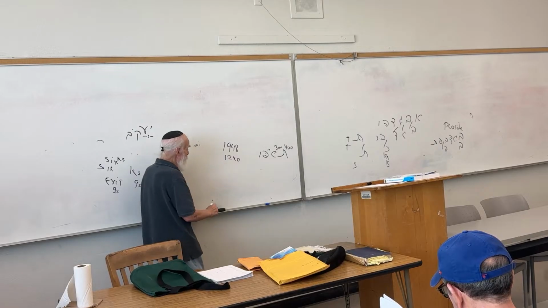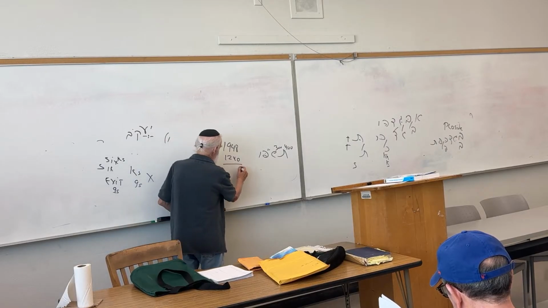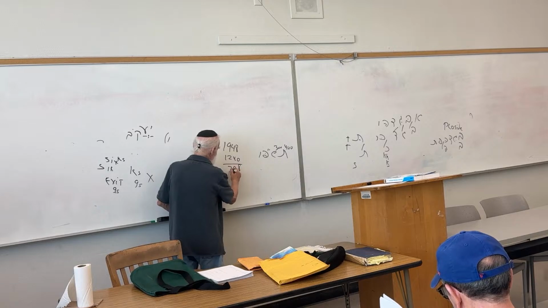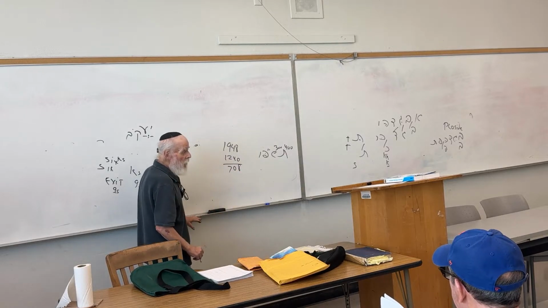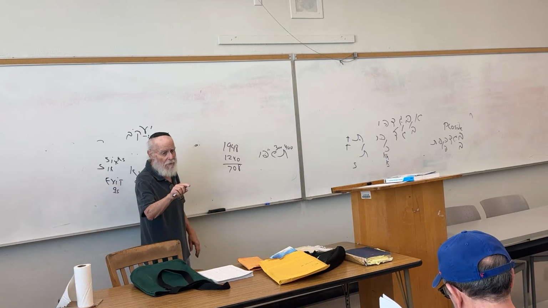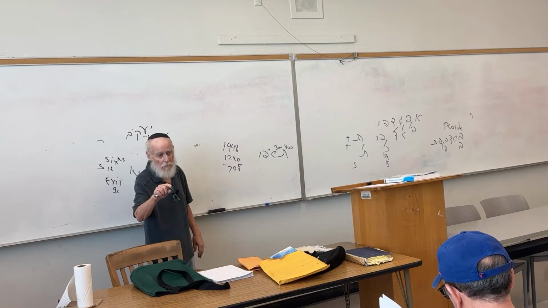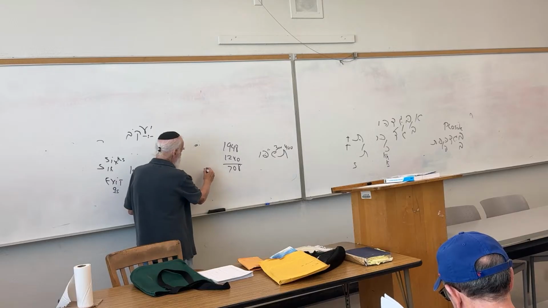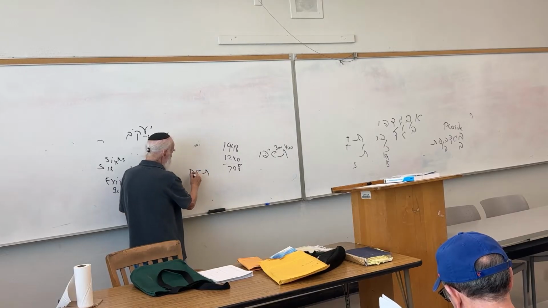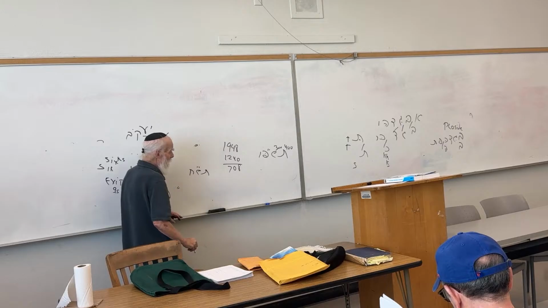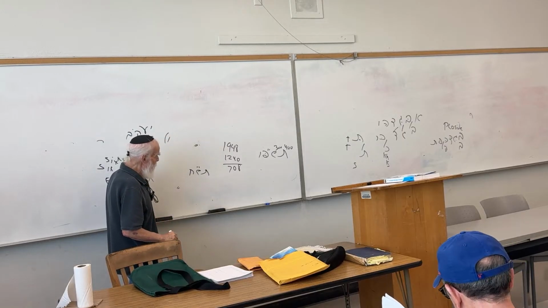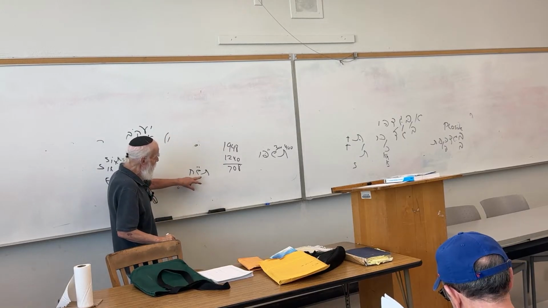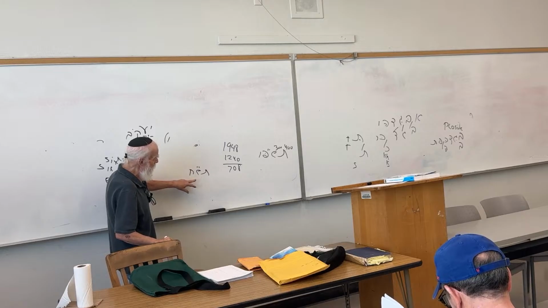So 1948 minus 1240 gives you 708. Now give me the Hebrew calendar for 708. The Tav, the Shin, the Het. The State of Israel was established in the year Tav Shin Het.